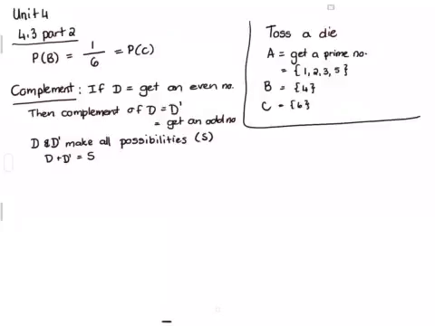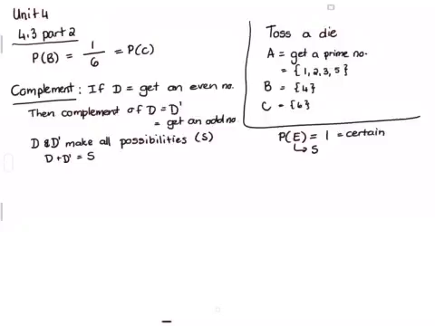Now, certainty. If the probability of an event, let's give it a completely new letter, event E, is 1, then it is certain. Then E is really your sample space.